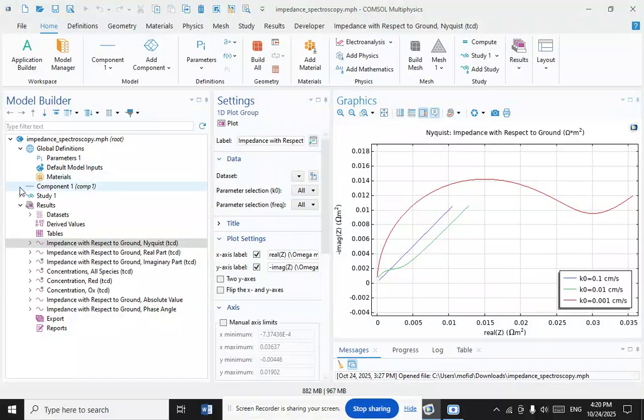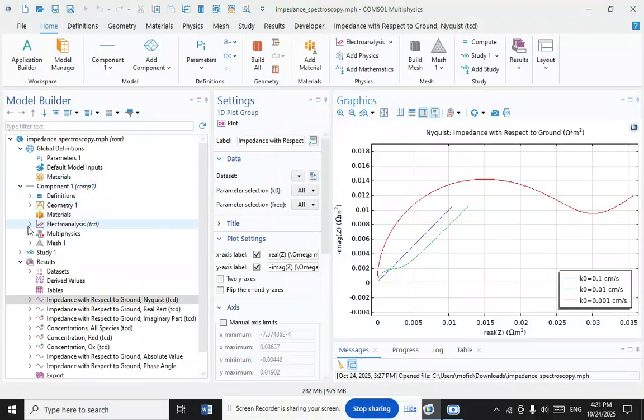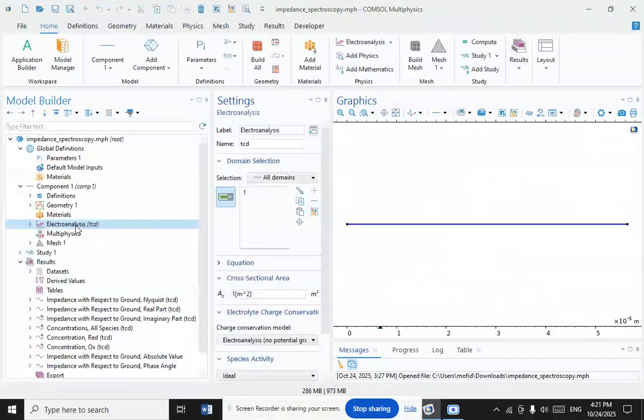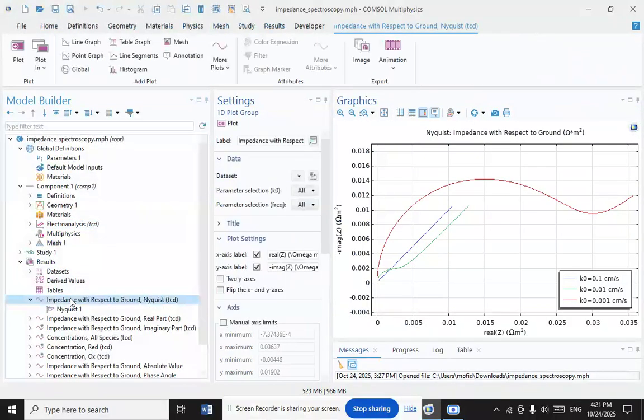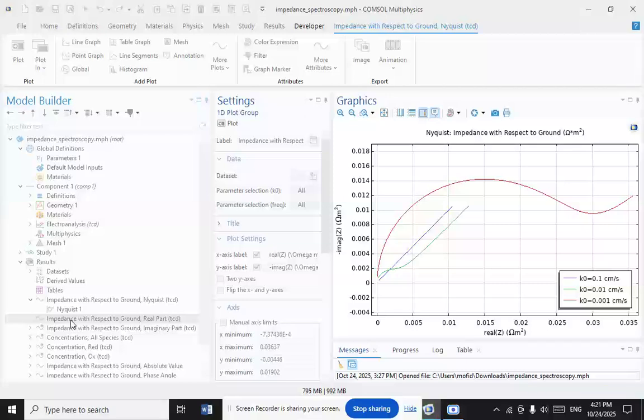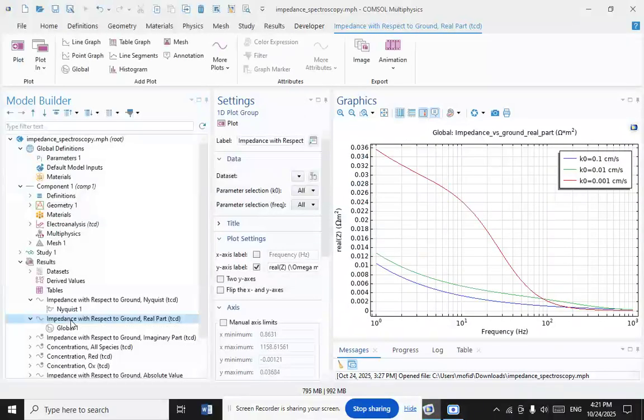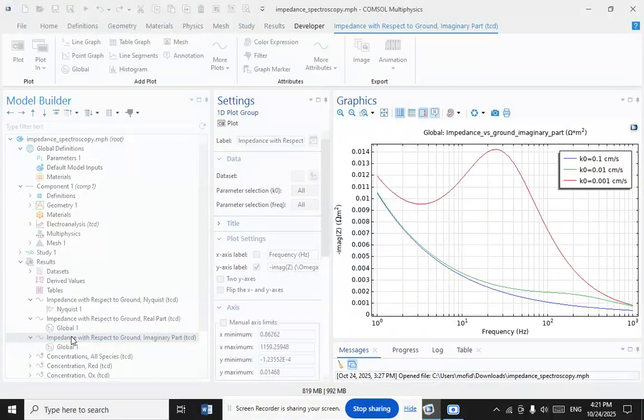And here you can see the components, the geometry, and the electroanalysis interface that I have used here for one-dimensional line. And the next one is that you can see the impedance with respect to the ground, or Nyquist, and impedance with respect to the ground real part, and imaginary part or reactance.